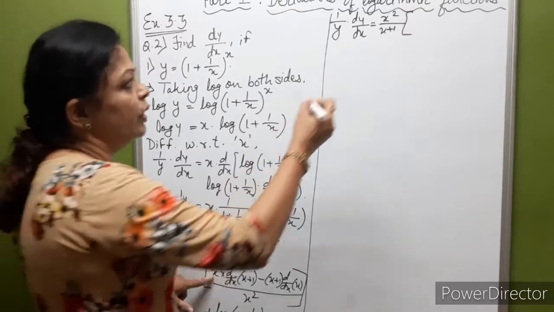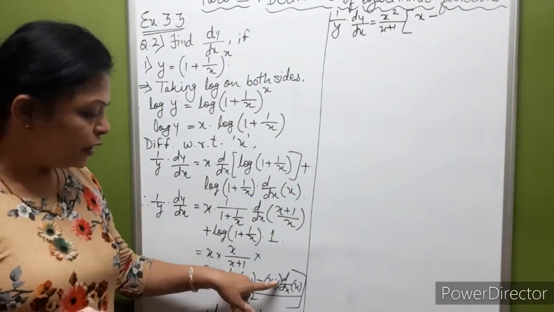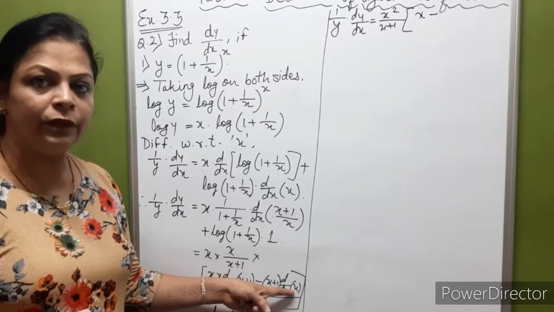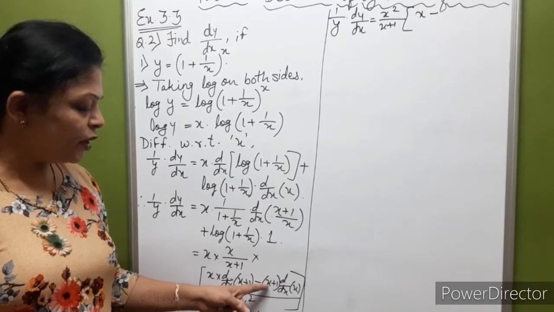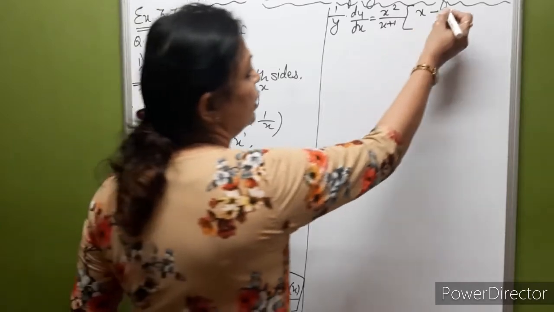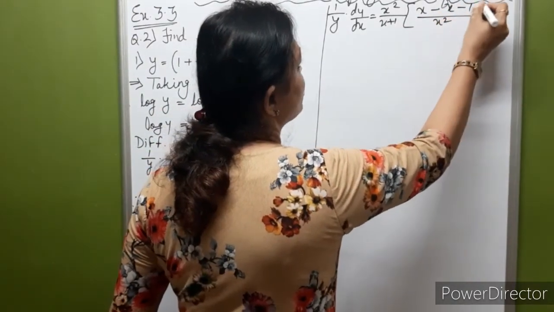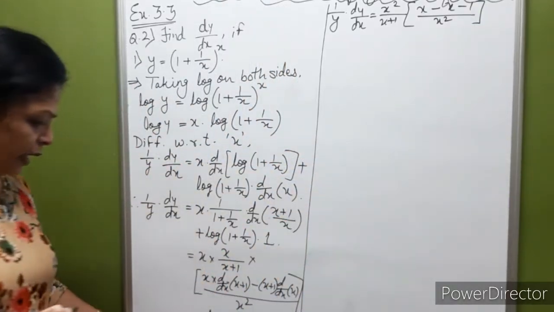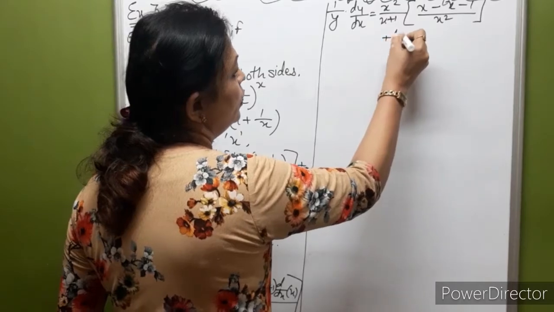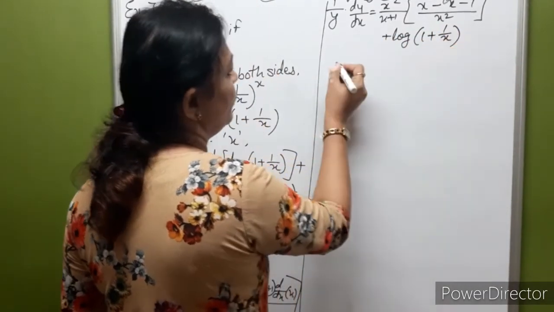So you are left with only x minus (x plus 1) into d dx of x. Now again d dx of x is 1. So you will only get minus of (x plus 1), that will be minus x minus 1. So minus x minus 1 upon x square. And then this last term, plus log of (1 plus 1 upon x).